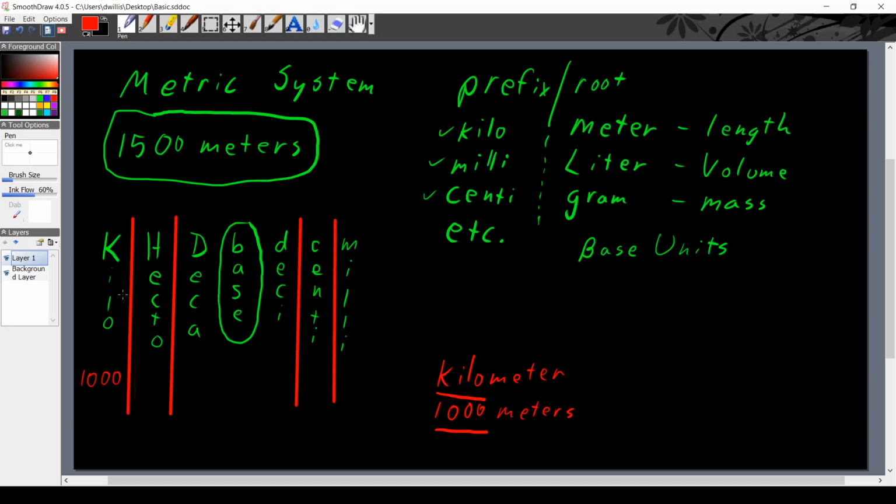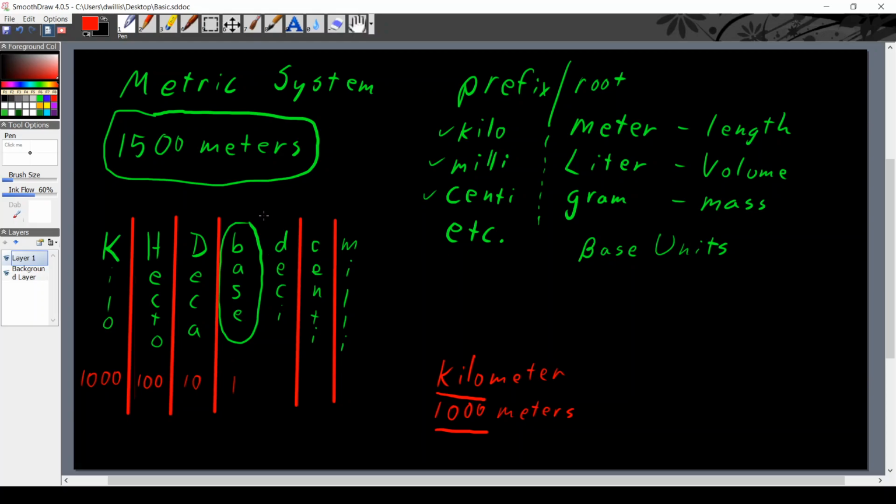You just are saying it in Greek and Latin instead of in English. So when we talk about kilo, that's 1,000. When we talk about hecto, that's 100. When we talk about deca, that's 10. When we talk about the base unit, that actually then is 1, or just the amount that it is.